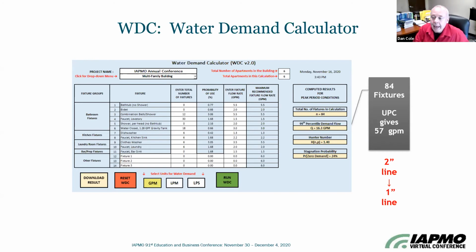That's why we do not have a whirlpool as a fixture in the water demand calculator, because it is not a water conserving fixture. It would be a flow rate that would have to be added, and it would increase the pipe size just by the required demand of that fixture. And the same thing with a fire sprinkler system, depending on how many heads are required for that combination system, you would have to provide.